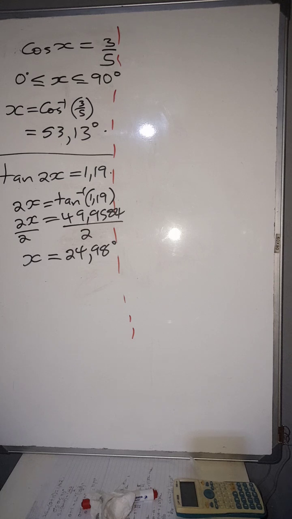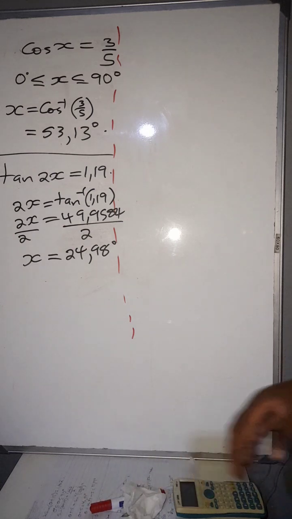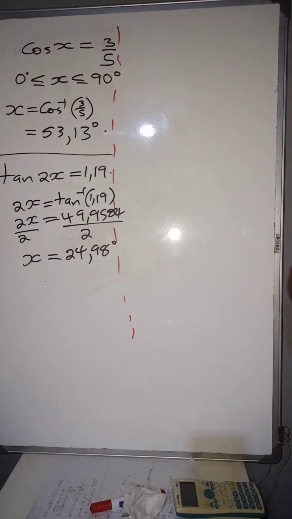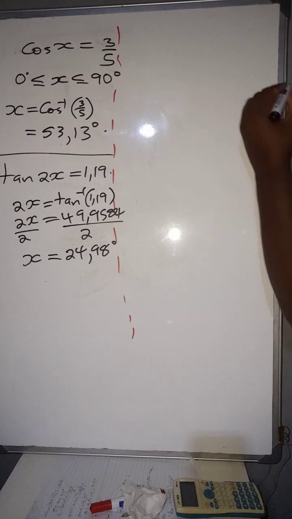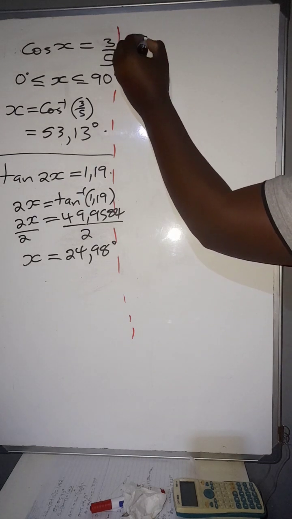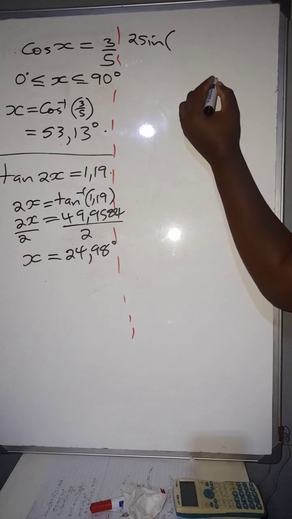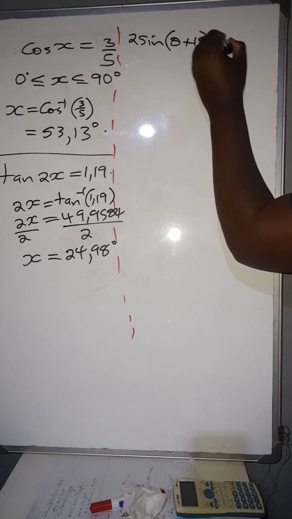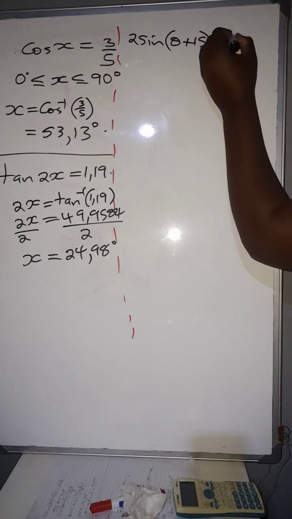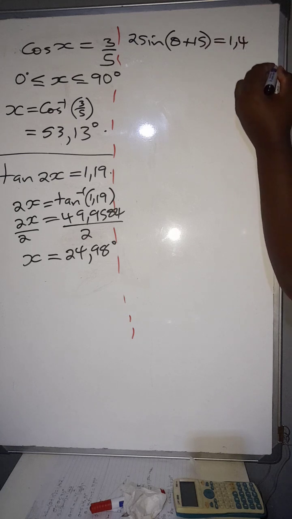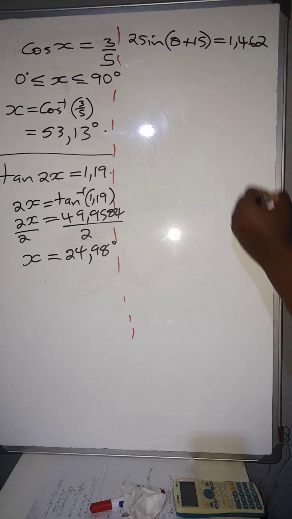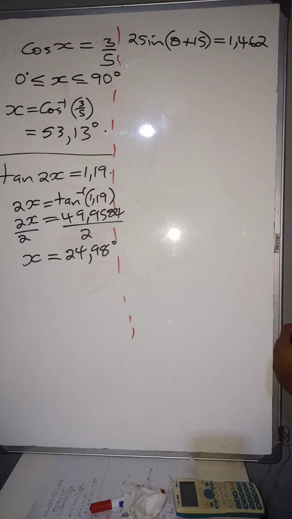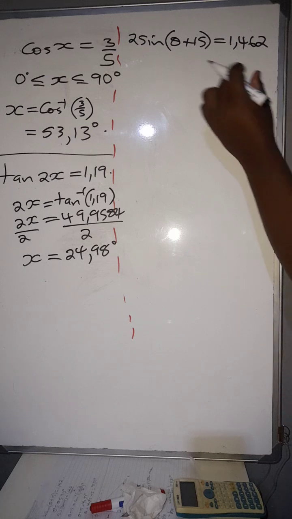And then the third one, my third equation there is 2 sine theta plus 15 is equal to 1,462.